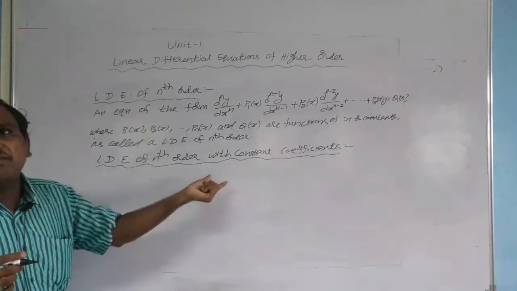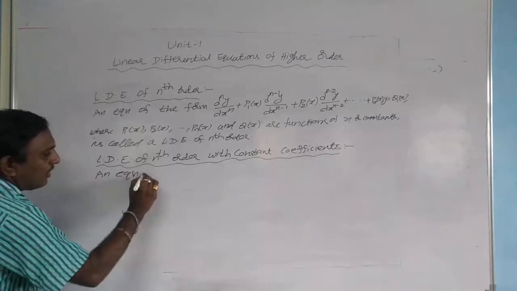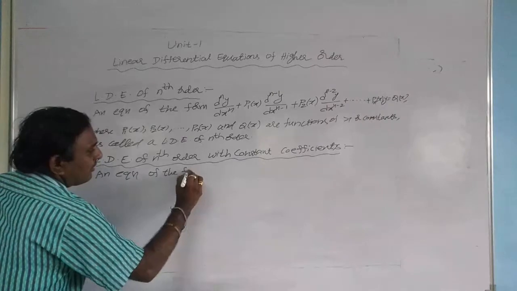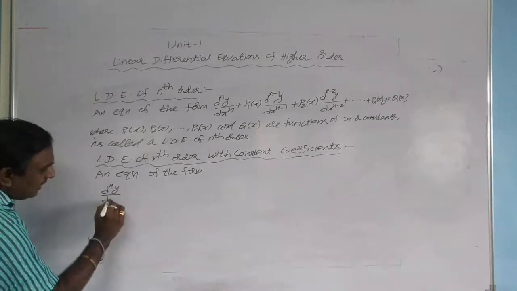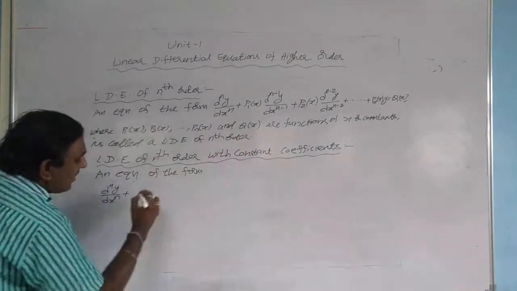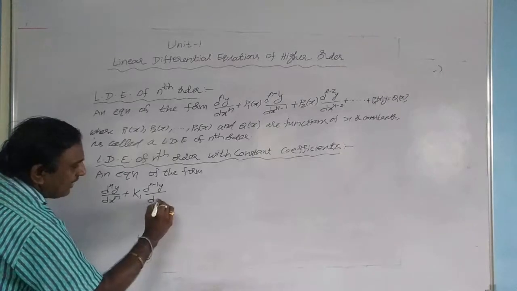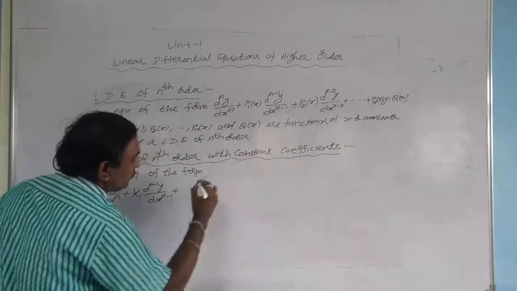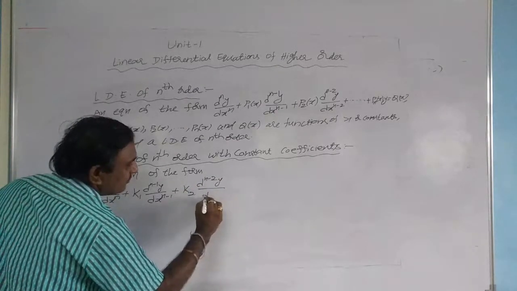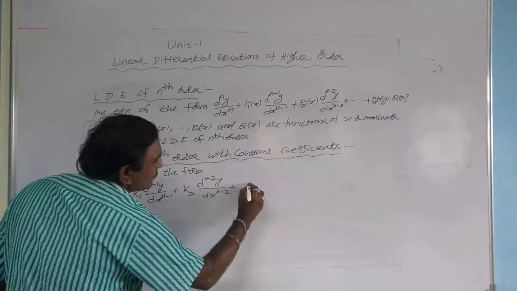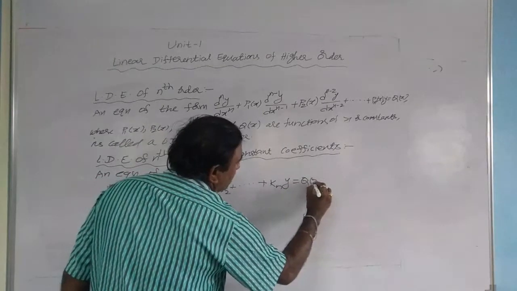An equation of the form d power n y by dx power n plus, in the place of p1 I can write the constant k1, d power n minus 1 y by dx power n minus 1 plus, in the place of p2 I can write a constant k2 into d power n minus 2 y by dx power n minus 2 plus and so on plus kn into y is equal to q of x, right?